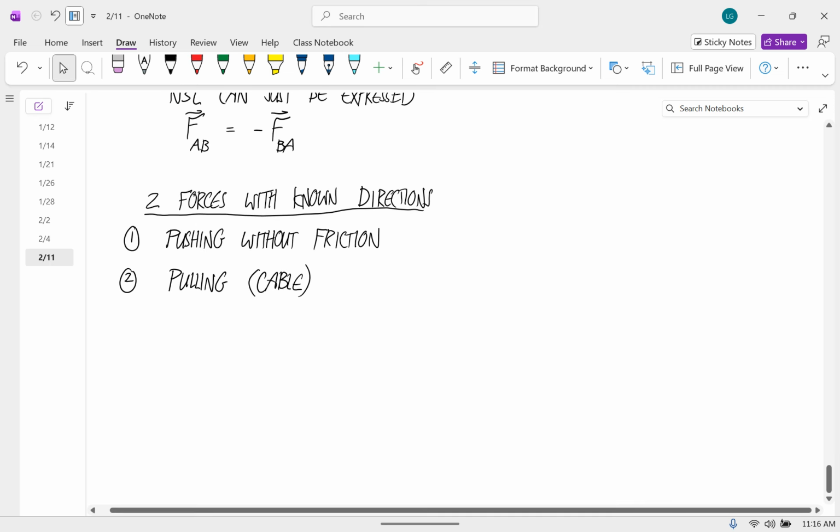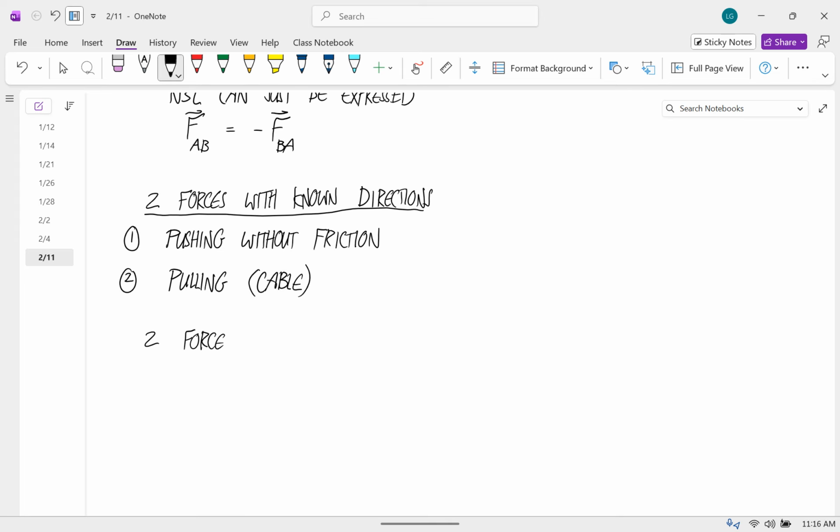And then two examples of forces with unknown directions. The first one is in 2D problems, and it's a pin or a hinge joint.